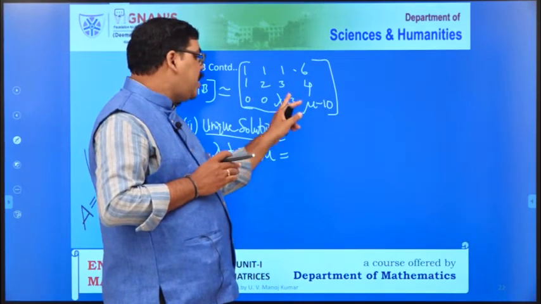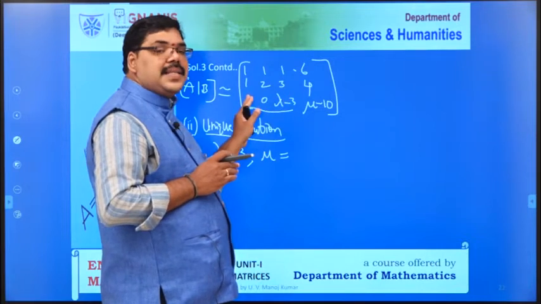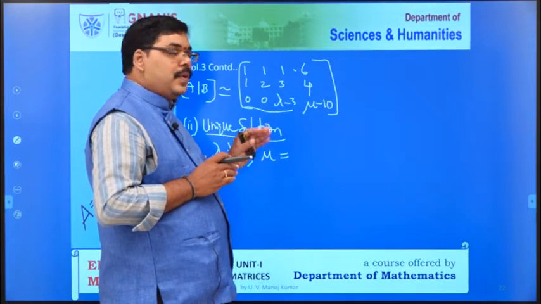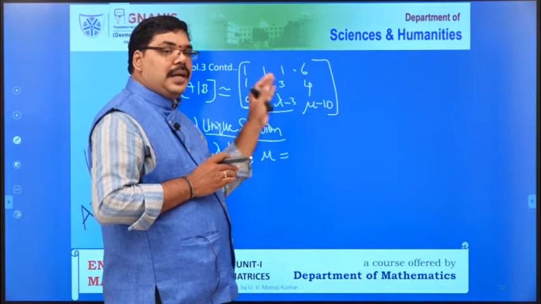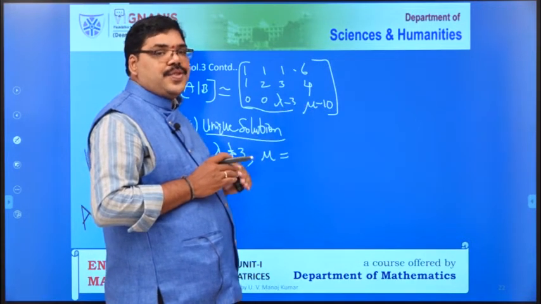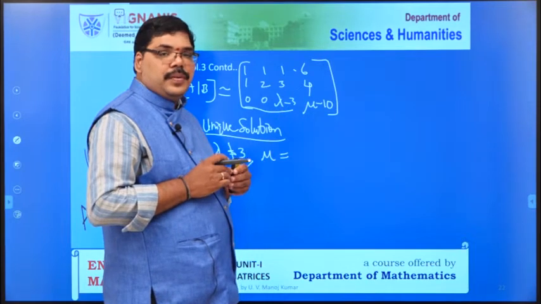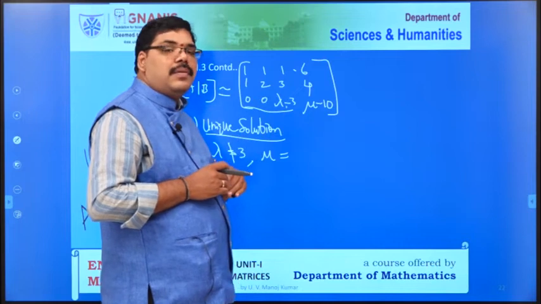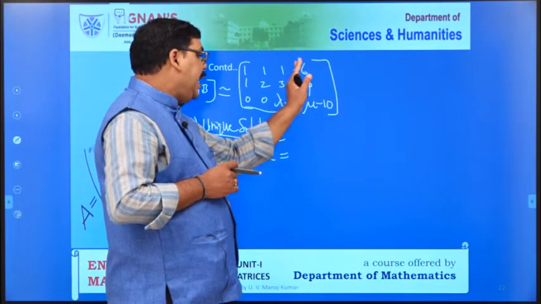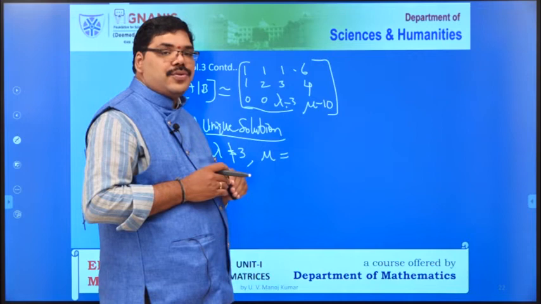If this becomes 0, in matrix A, the last row becomes 0. And if this becomes 0, in AB also, the last row becomes 0. If this position is non-zero, then A has 3 non-zero rows.